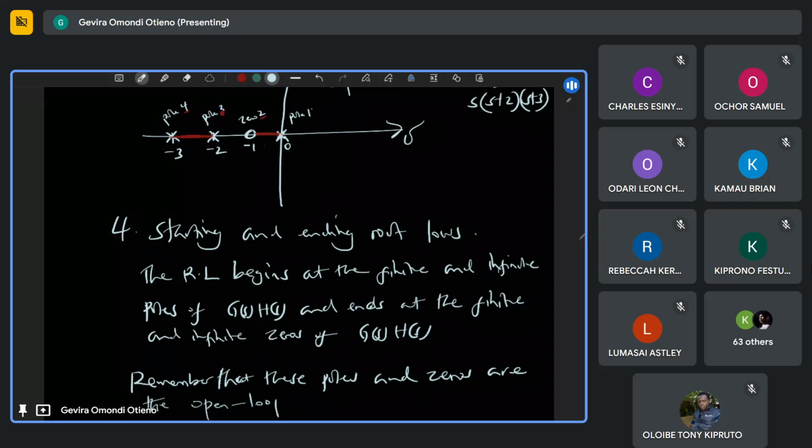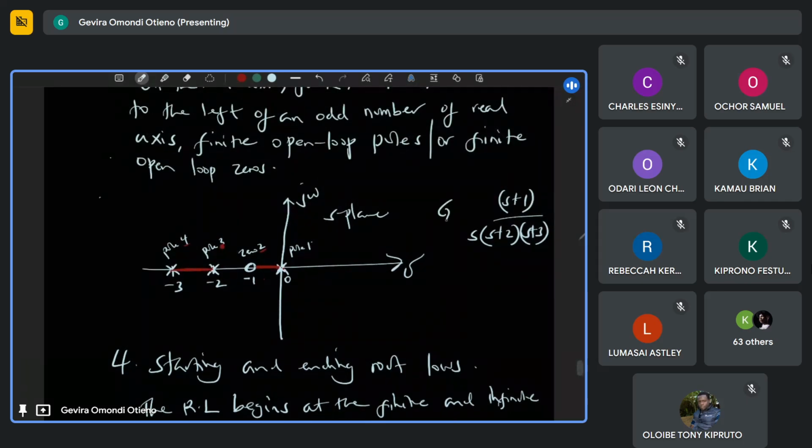They are the open loop poles and zeros. So on the right are the open loop poles and zeros. Meaning you obtain them from G(s). Okay? That's what it means.